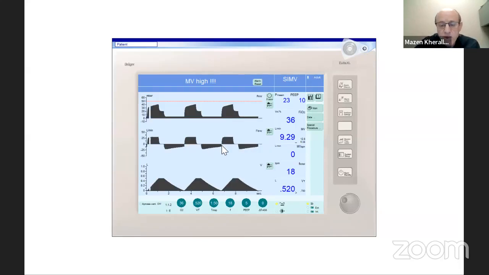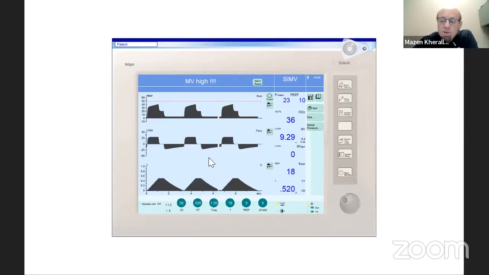If you prolong the expiration, you would add area under the curve, and then both would be equal. The area under the curve on the flow over time curve represents the volume. So we know that the volume that is inspired is not the same as the volume that is expired. There's a trapped volume inside the lungs that is not exhaled.